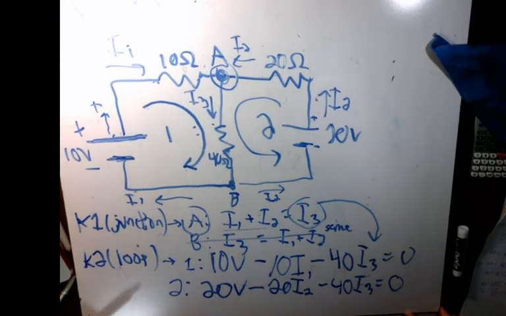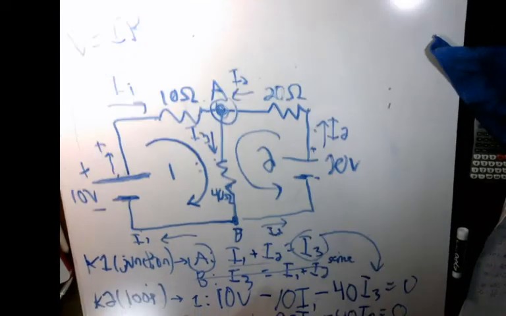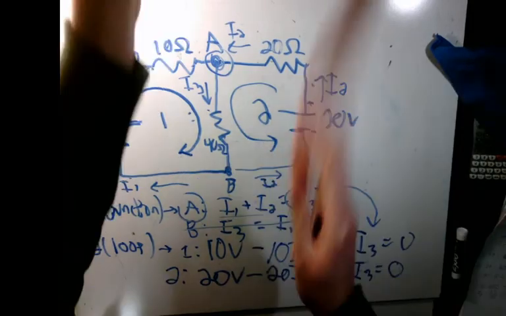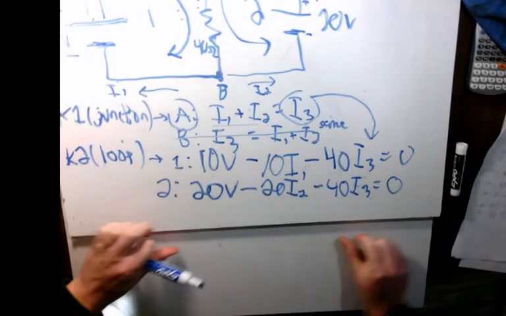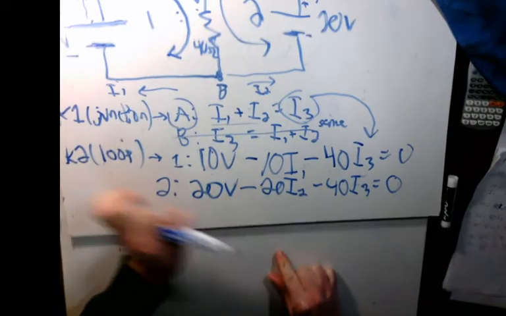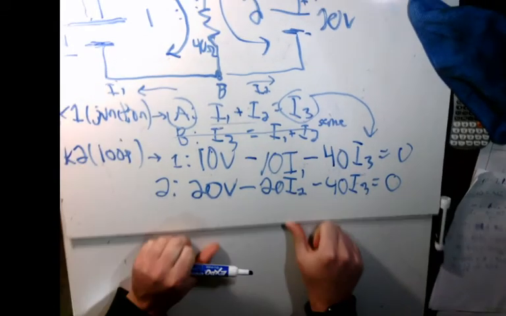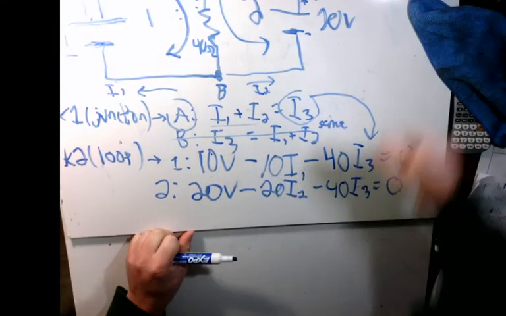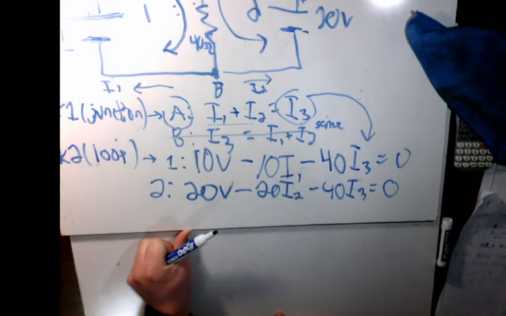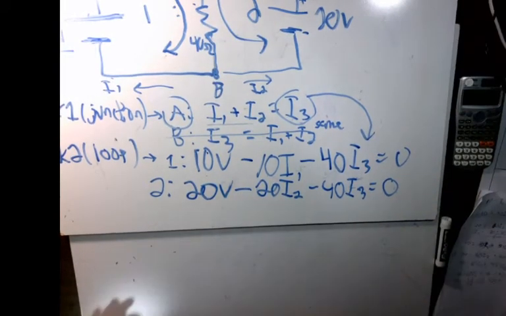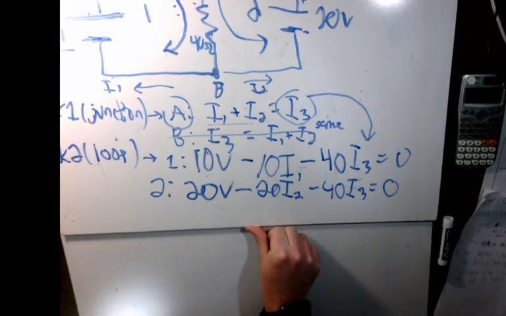So I'm going to just do some adjusting here so I have room to write. Getting fancy. Okay, we don't really care about the circuit anymore. Now we're looking at the equations.